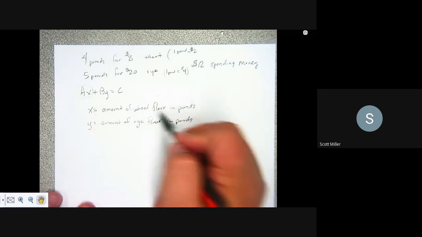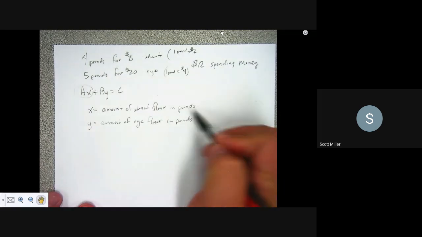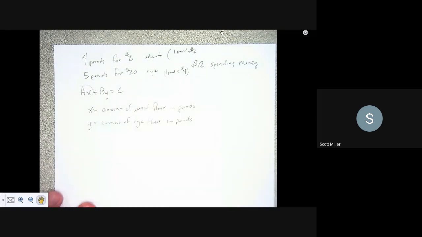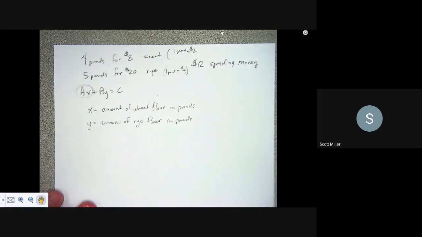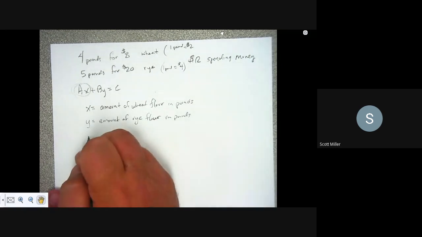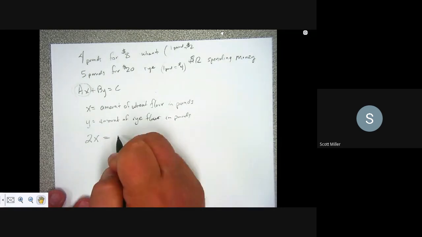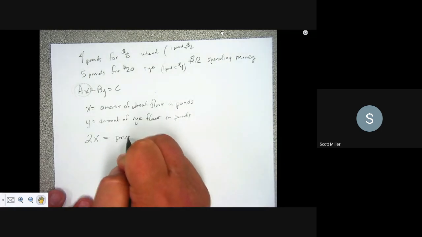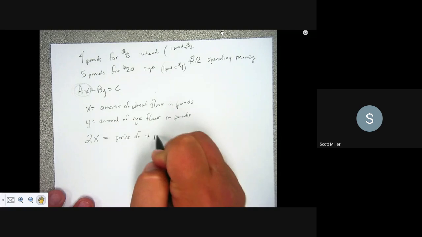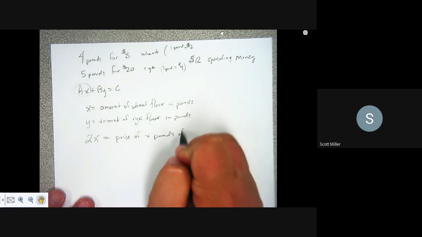It's $2 per pound, and X is the number of wheat in pounds. So I can get a price for wheat alone. If I use $2 and X, this means the price of X pounds of wheat.